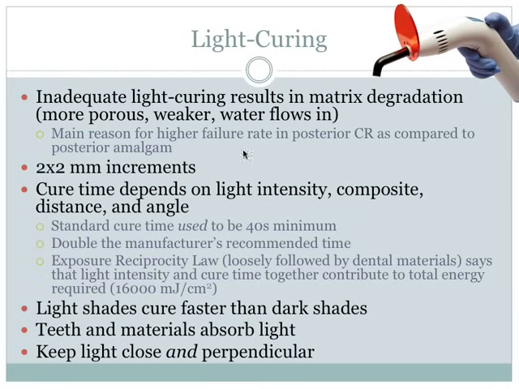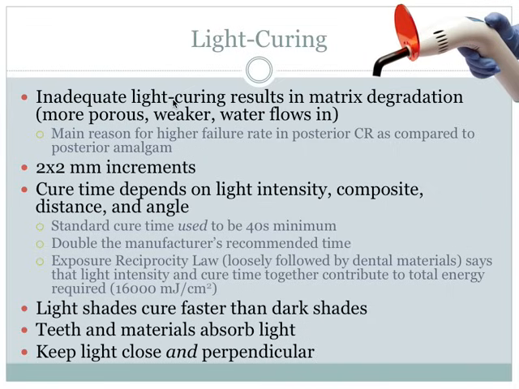So for the light curing, this is actually a very important part. I think it's kind of skipped over in a lot of classes and so on. It's looked at as, oh, I can just do something else while I'm curing and look away, and it's actually a very critical process to the survival and success of a composite resin restoration.